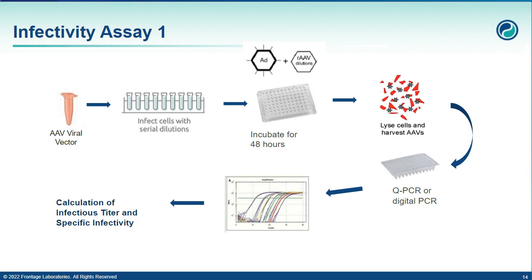After the incubation, the cells will be lysed and the AAV vectors will be harvested. And then the supernatant will be used for Q-PCR or digital PCR. After the amplification, the infectivity will be calculated based on the CT value at different dilutions.